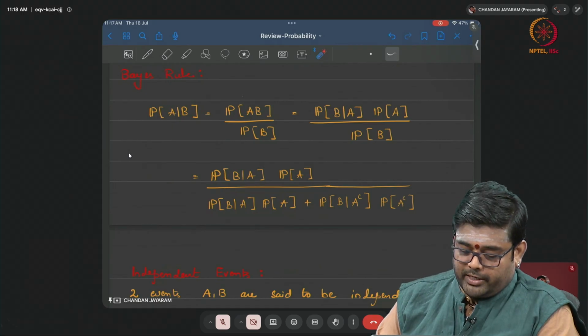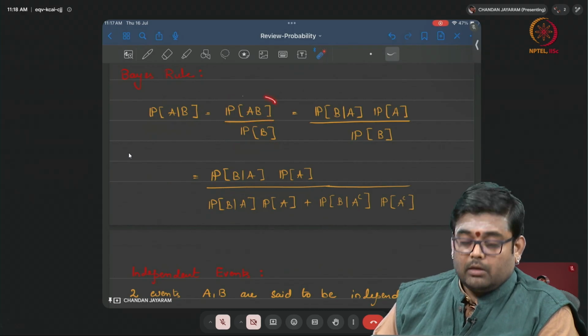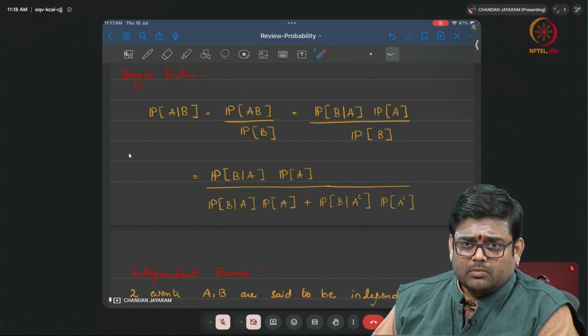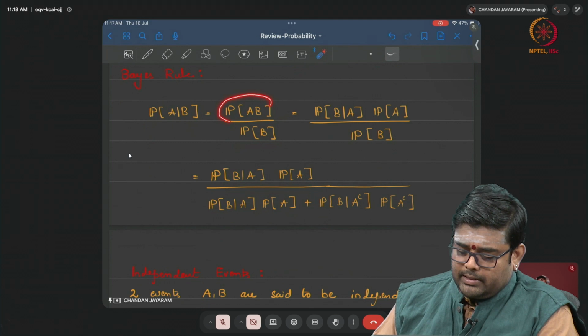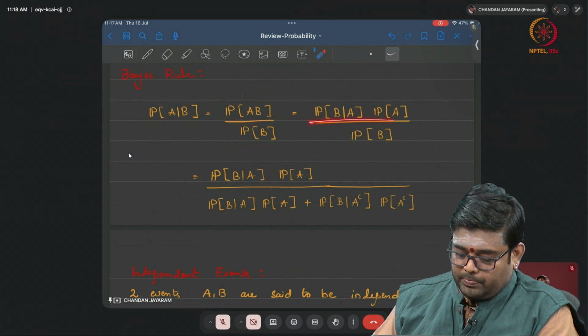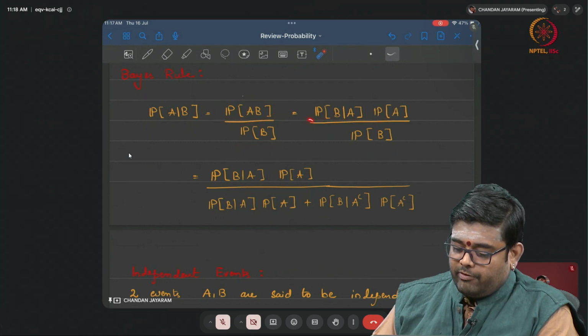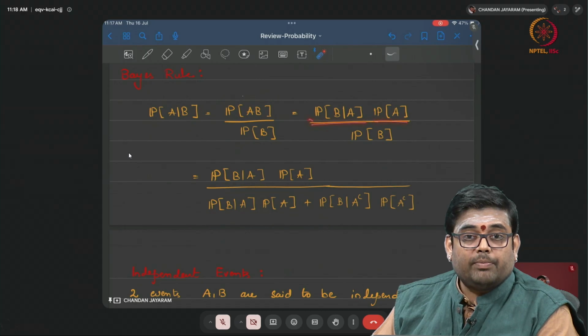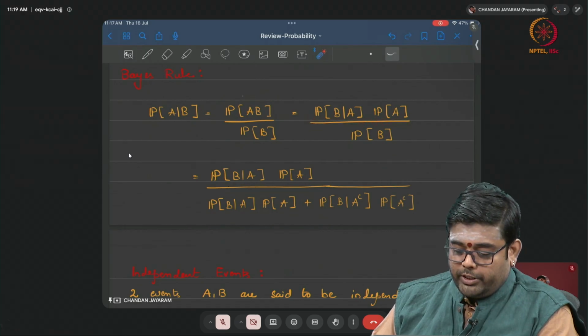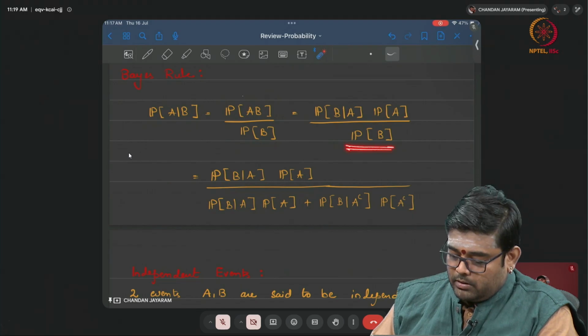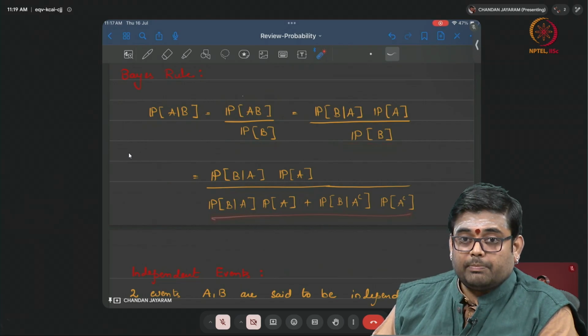Now probability of A given B is equal to probability of AB divided by probability of B, and by the conditional probability rule we can say that this AB is this. So probability of B given A into probability of A divided by probability of B, and then using the total law of probability, now we can write it in this. Now what is the partition that I have done?